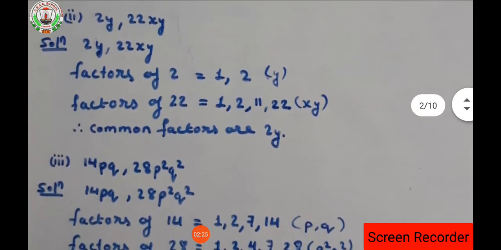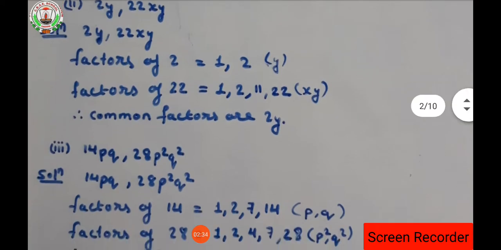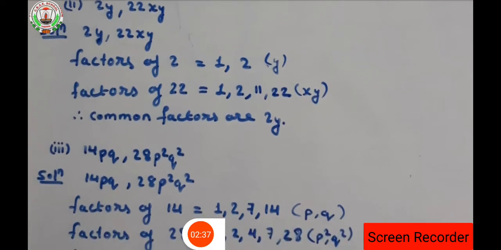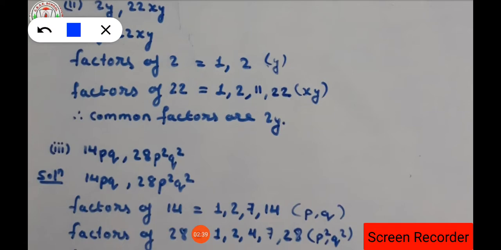Now next, question number 2 of the first part. We have to again find the common factors of 2y and 22xy. So let's see the factors. 2y is 2 times y; 2 comes in the table of 1, 2, and y comes in its own table, that is y. Then 22xy: 1, 2, 11, 22 are the tables in which 22 comes.